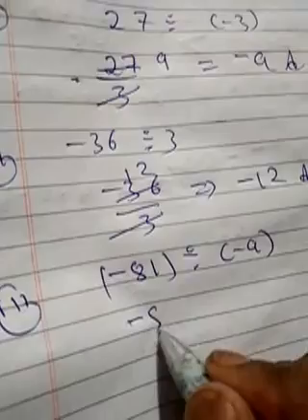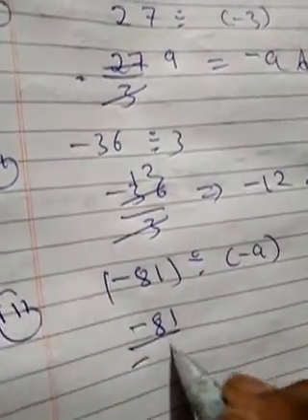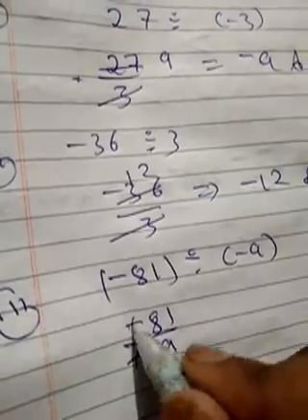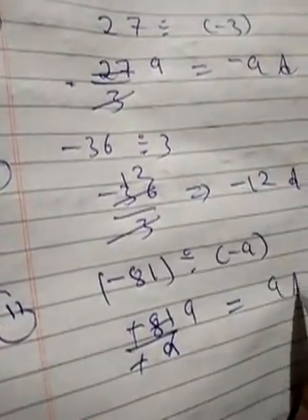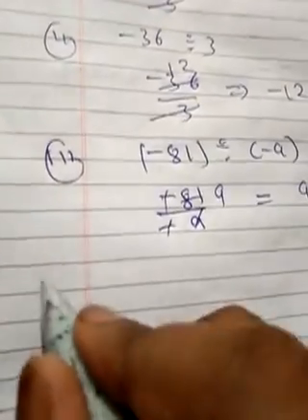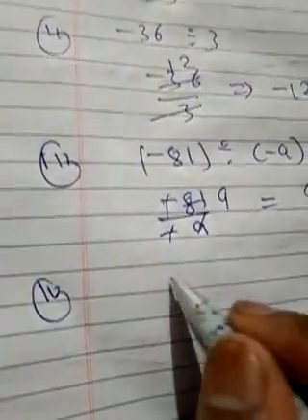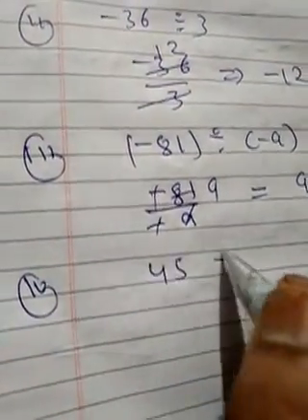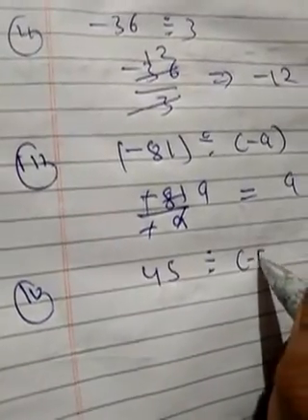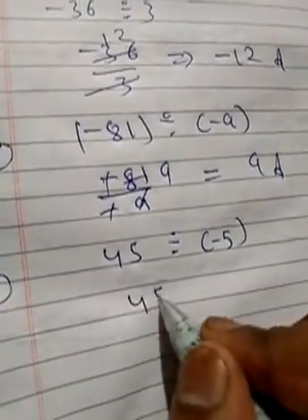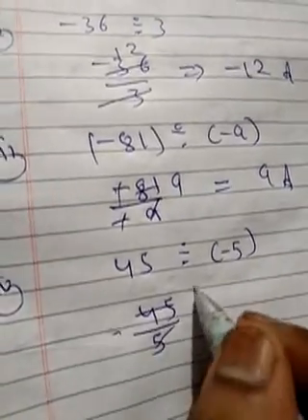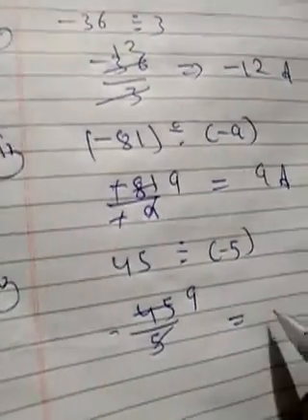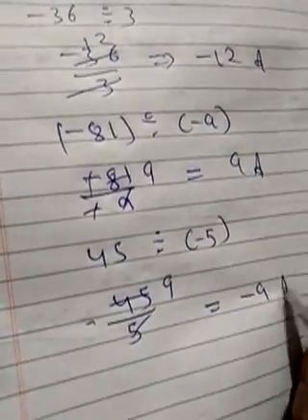From minus to minus cancels out, 9 9s are 81, so the answer is 9. Fourth part, 45 divided by minus 5. 5 9s are 45, so minus 9 is the answer.